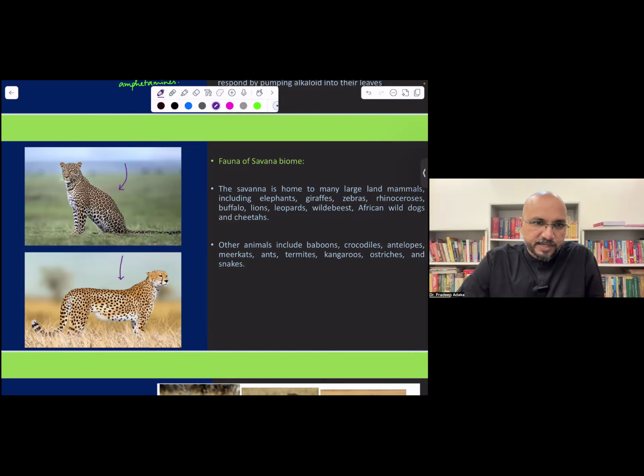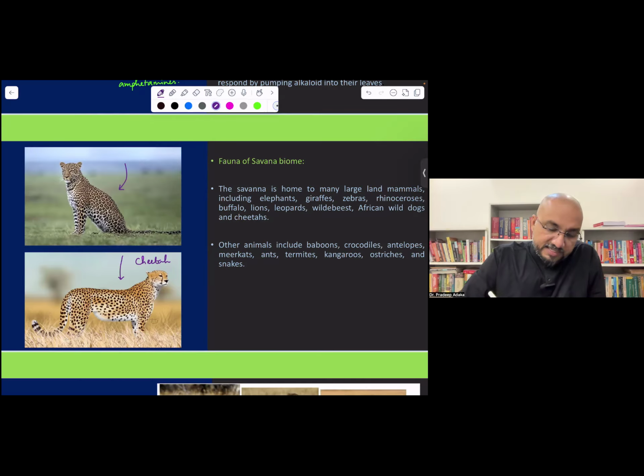Okay, which one is leopard and which one is cheetah? Can you tell the difference? Yeah, this is cheetah. First, they have solid dots, single solid spots.